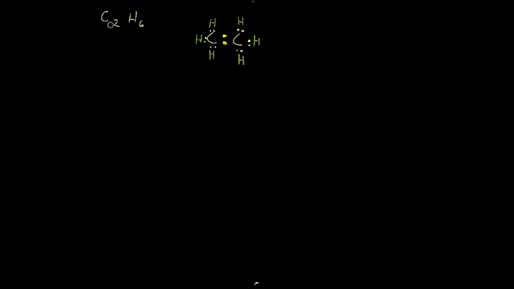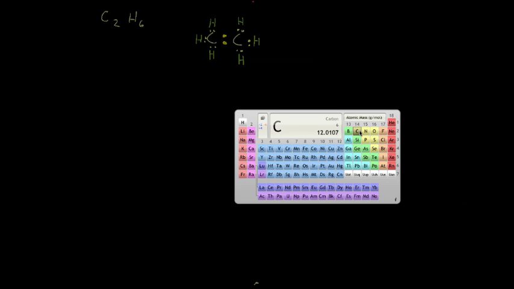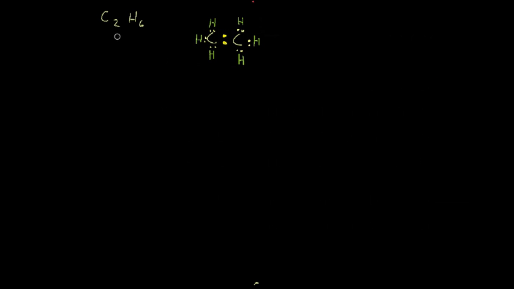We know that carbon, if you remember from the periodic table, likes to have 4 valence electrons, and there's 2 of them, so there's 8 there. And hydrogen likes to have 1 valence electron, and there's 6 of them, so that's 14 total.